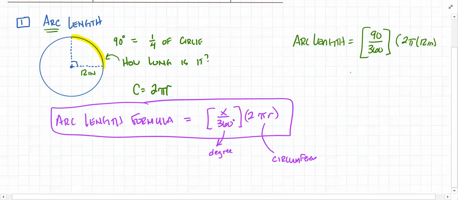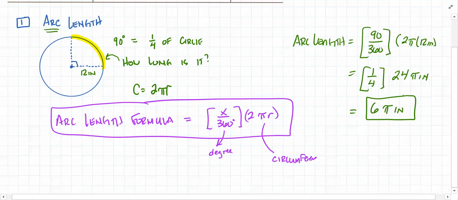So 90 over 360 represents a quarter. And what's 2 times pi times 12? That would be 24 pi inches, correct? And then what's 24 divided by 4? So I have 6 pi inches, and that is how long that arc length is. We can leave it in 6 pi inches.